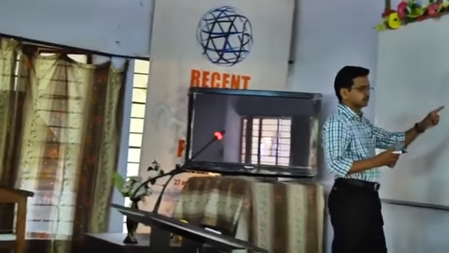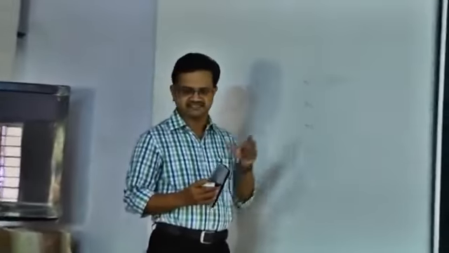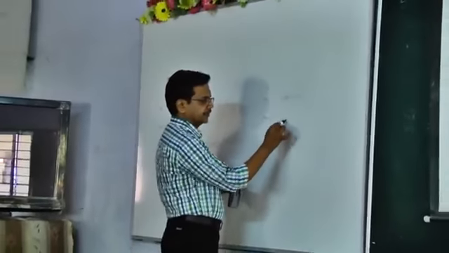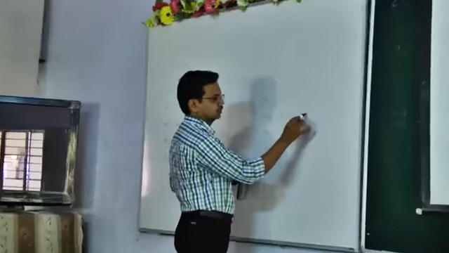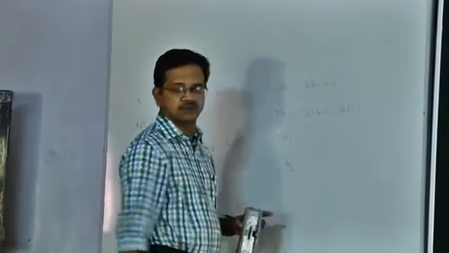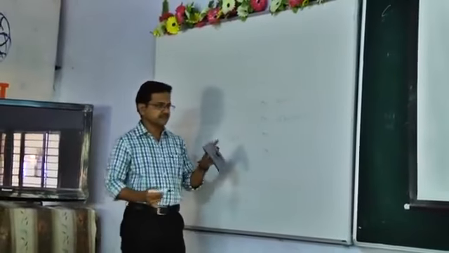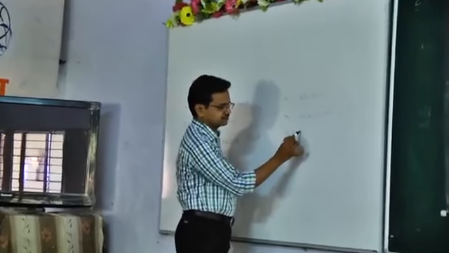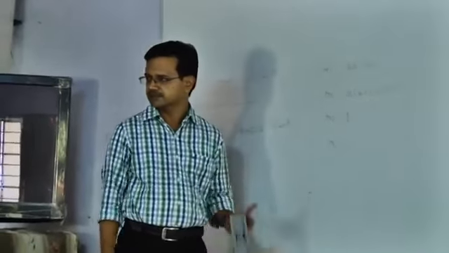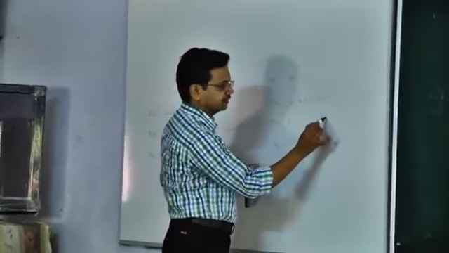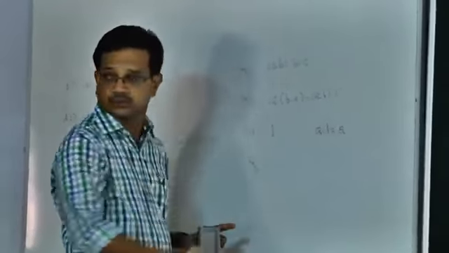Next, multiplication is also associative. That means (A dot B) dot C equals A dot (B dot C) for A, B, C elements of R. Next, there exists an element denoted by the symbol 1 in R having the property that for every A in R, A dot 1 equals A.